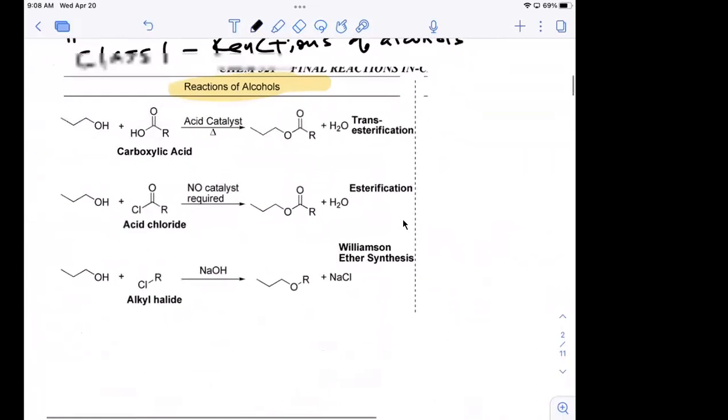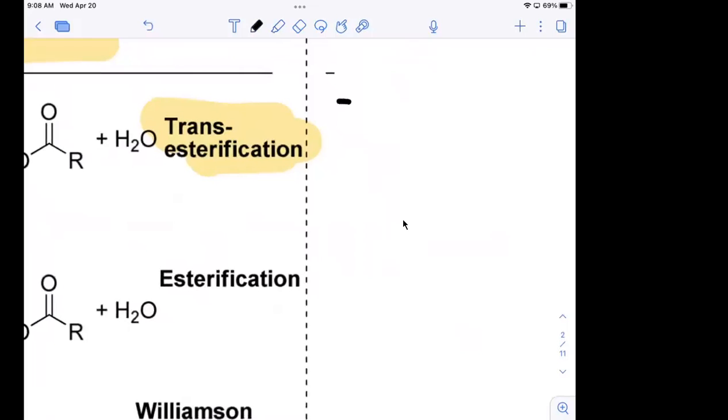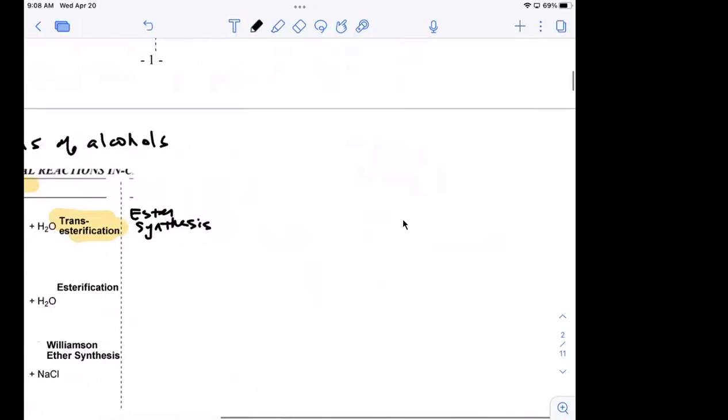All right, so that first reaction is what we call transesterification or ester synthesis.